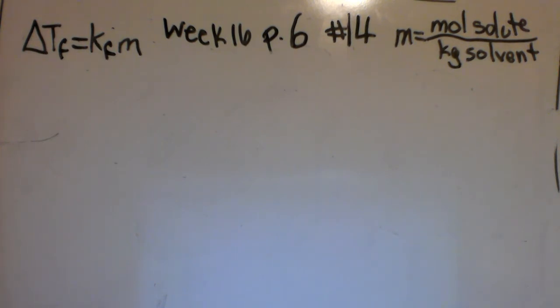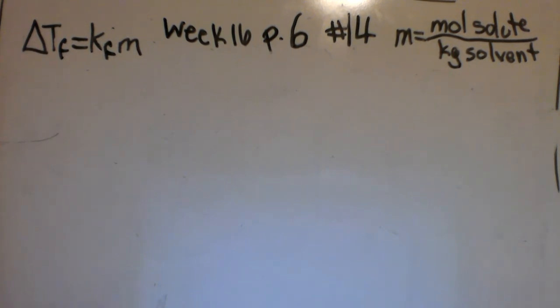Now, molar mass doesn't show up in either of these equations, but we do know that when we convert between grams and moles of solute, we use molar mass. Therefore, we can put it into an equation to solve for it. First, we have to figure out if we're given the change in temperature. It tells us an exact temperature of negative 0.39 degrees Celsius that the water is lowered to.